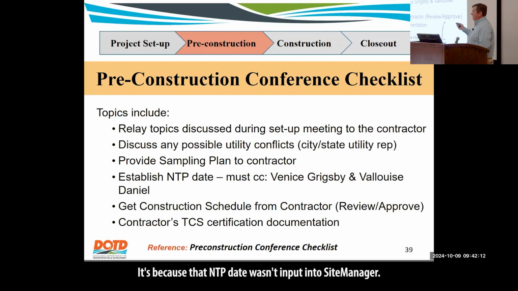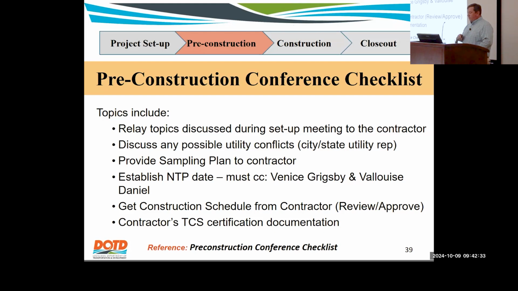It's because that NTP date wasn't input into Site Manager. This has to be in there so the program knows this is the day my contract started, so this is my start date for my estimate. Then you set the end date for that estimate, but that's the trigger for it.